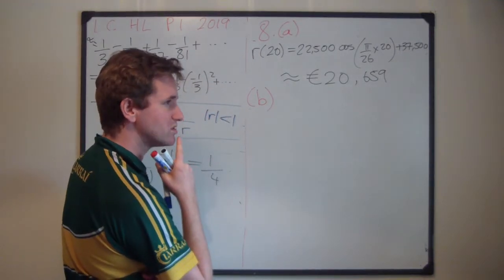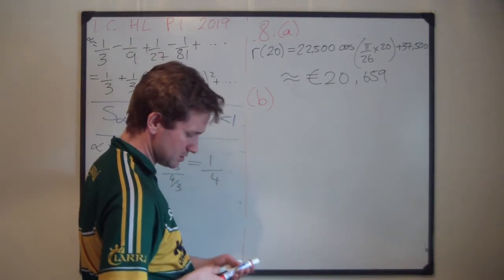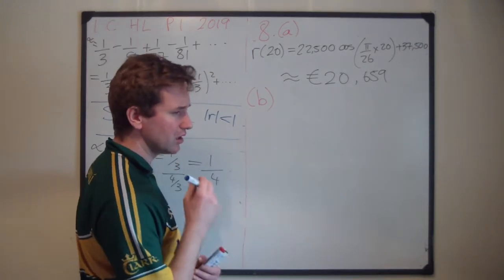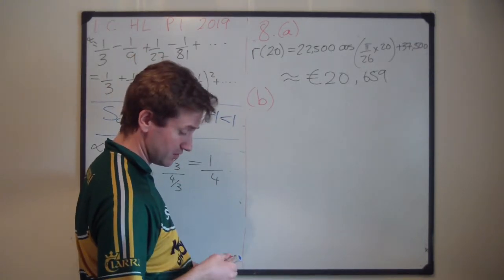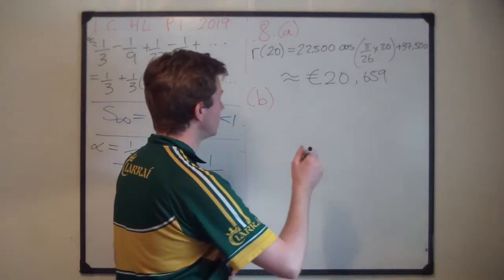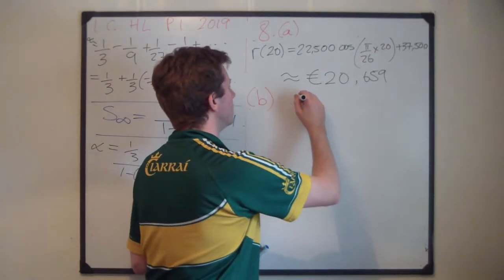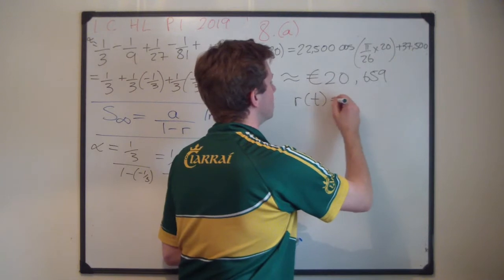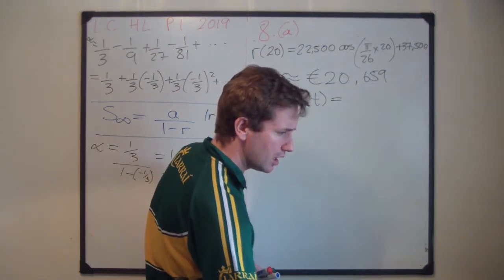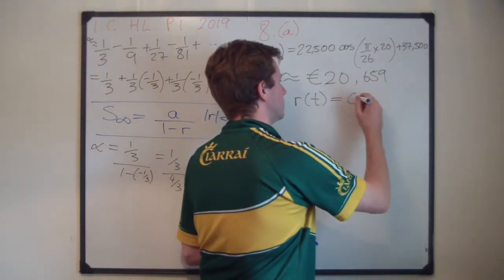Okay, so there's different approaches to this, but I think probably the easiest is just solving the equation. I can divide everything by 1,000 anyway. So I'm interested in the revenue being equal to 26,250.